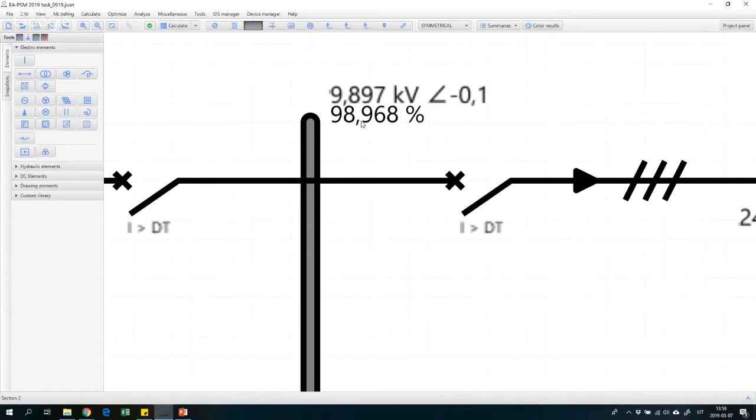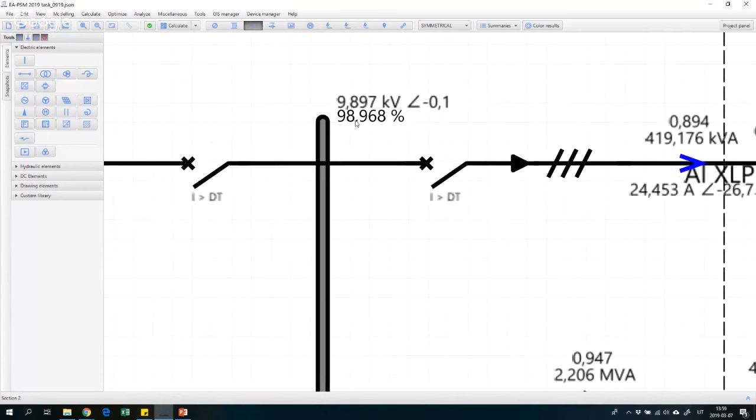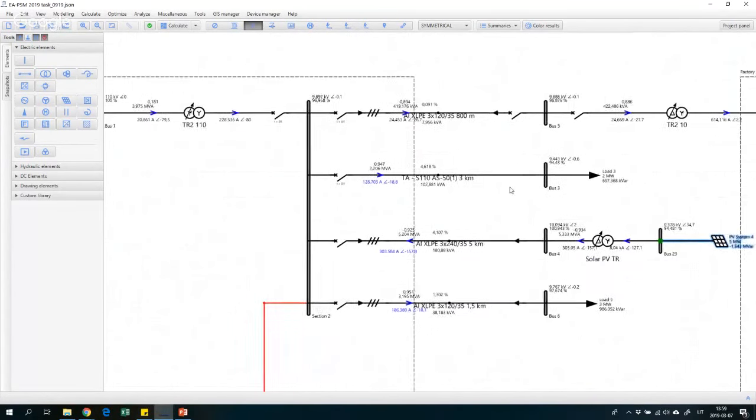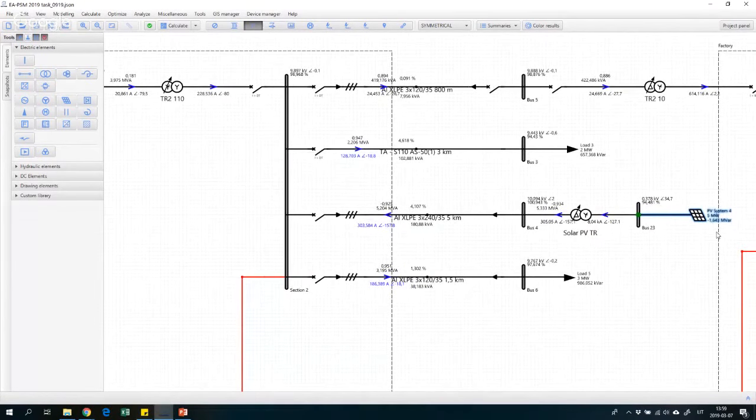And again, as I mentioned, this kind of voltage drop is limited. Only a small fluctuation, maybe 1% or so, can appear in a distribution network, because this has a huge impact on industrial consumers and also domestic consumers connected to the distribution network. So the first functionality I have presented here is power flow calculation.